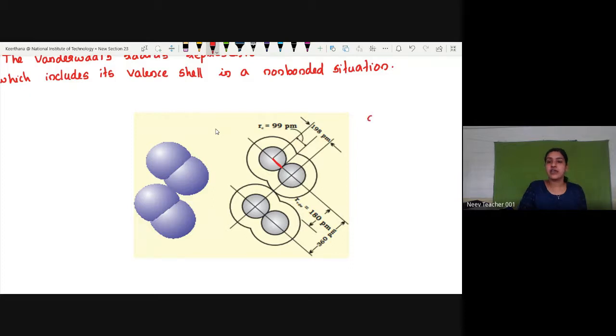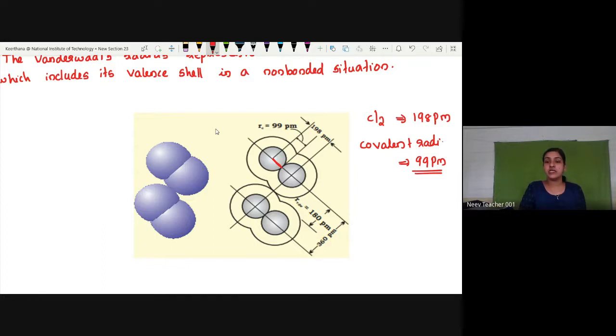For Cl2, which has a bond length of 198 picometer, the covalent radius of chlorine will be 99 picometer. It is the radius of the atom core which is in contact with an adjacent atom core in a bonded situation.